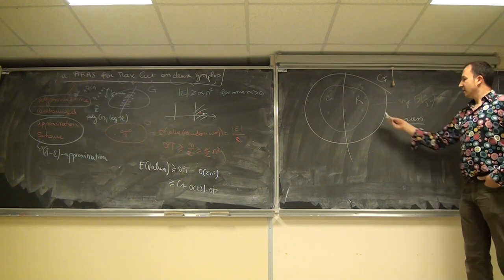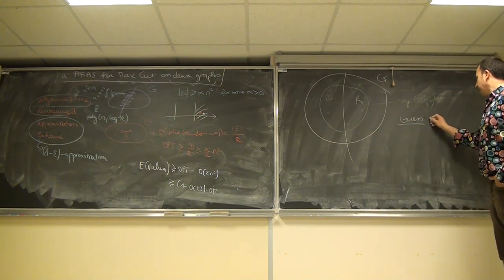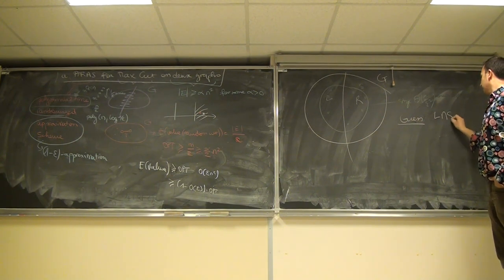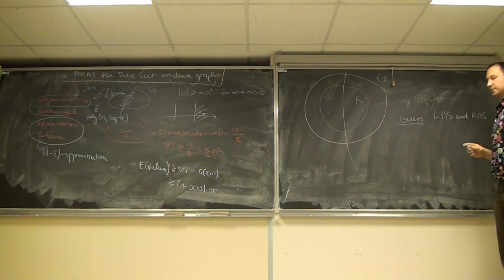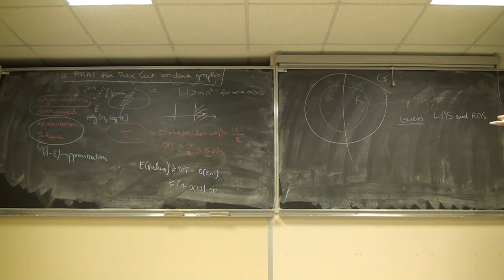Why? Maybe we can guess the intersection of L and S and R and S. Maybe we don't know what L and R are, but we've sampled a constant number of nodes uniformly, and maybe we can guess that. Why can we guess that?